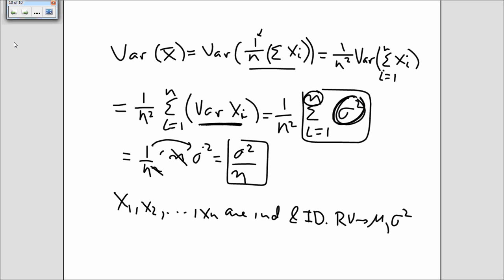Well, they tell you the expected value is 4, and sigma squared is 2, and they ask, what's the variance of x bar? Well, it's sigma squared over n. And I guess I should tell you n is 15. So you just say, oh, this is simple. The variance is 2 over 15. Okay, it's just plug in the values.